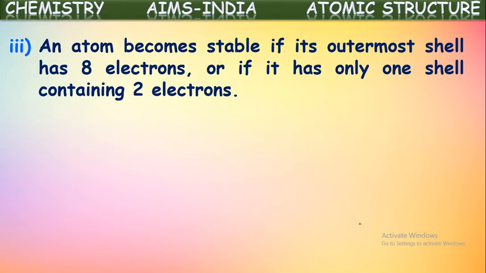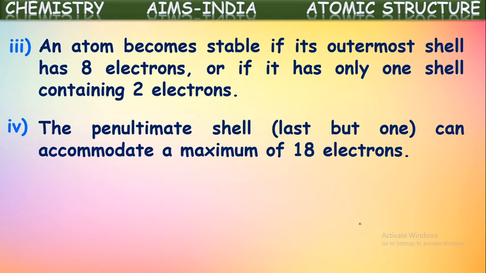If it has only one shell, then it can contain 2 electrons, and if it has 2 electrons, then those elements are stable. If it has more than one shell, and there are 8 electrons in its valence shell or last shell, then that atom is observed to be more stable. It has the least reactivity.